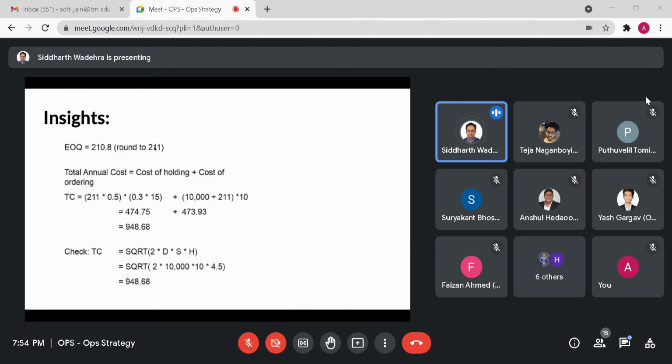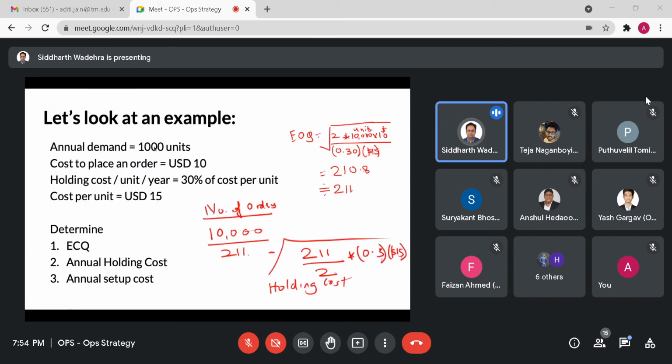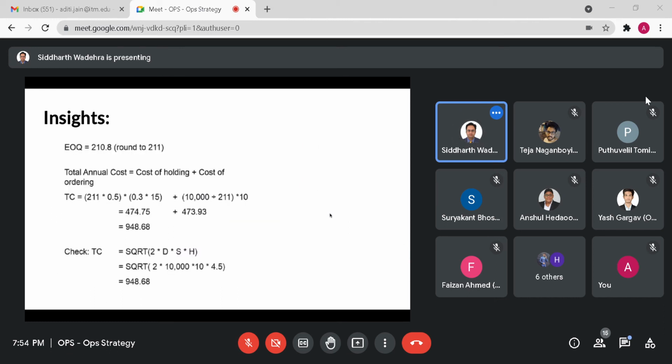All right. Let's sum it up with some insights from the session. Looking at the calculations, you would notice that the cost of holding and the cost of ordering are approximately similar to each other, as in the previous example. They add up to close to 948, 950: you have 474.75 for the cost of holding, and 473.93 for the cost of ordering.